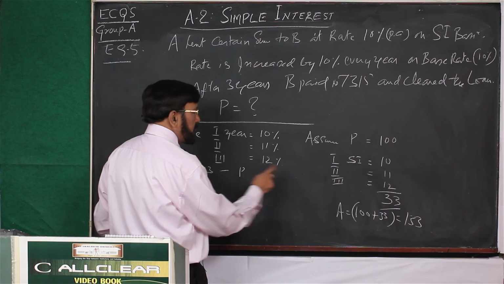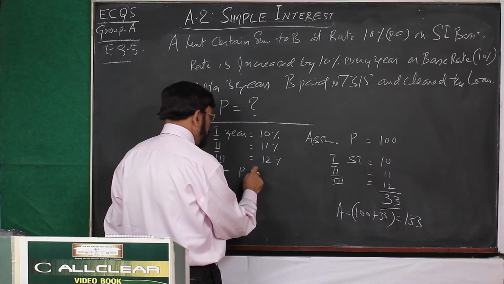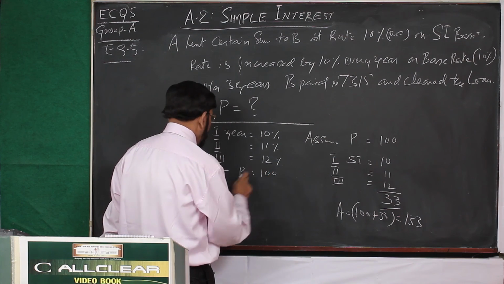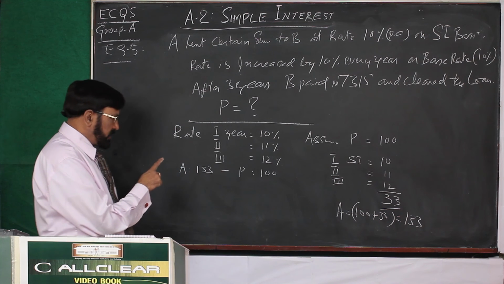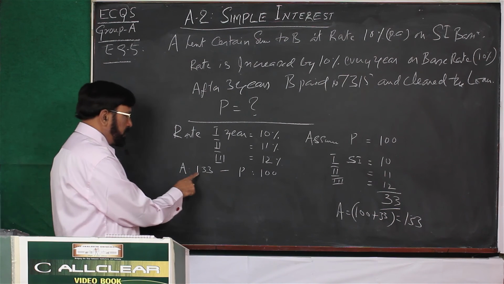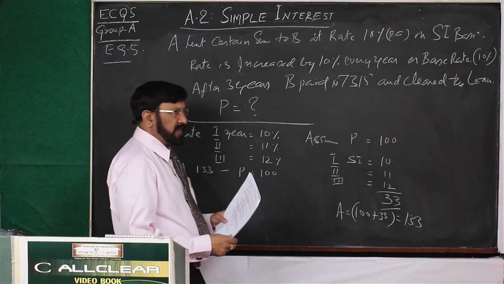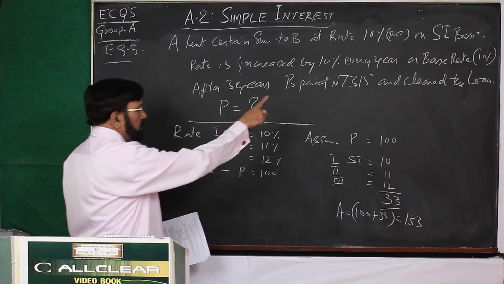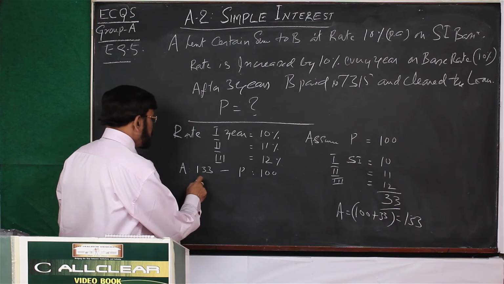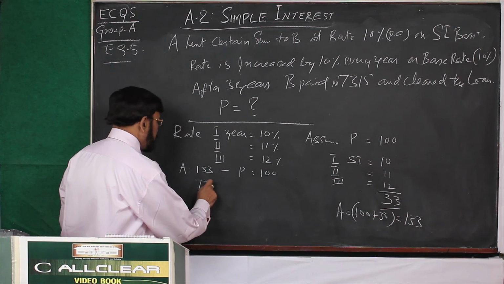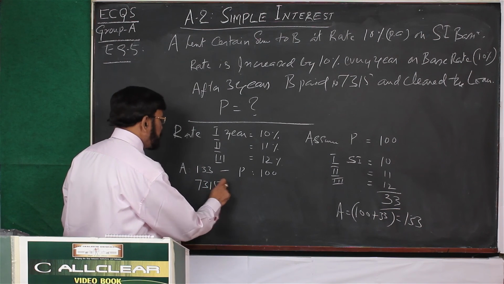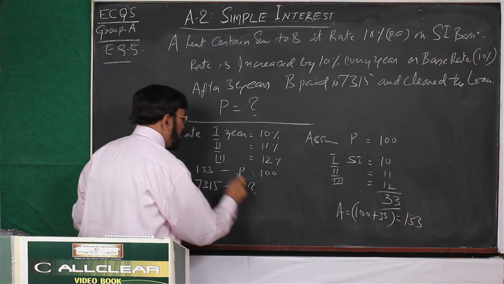P is what we assume, 100. Amount is 133. P is 100. Now, what amount he paid after 3 years? 7,315. Now, P is how much?